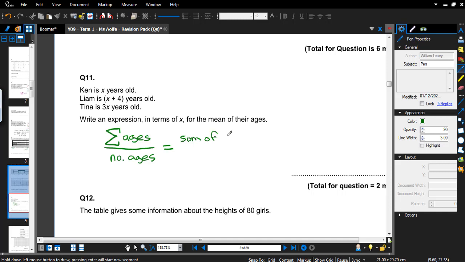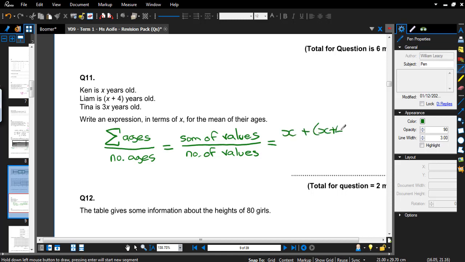The sum of the values, remember that? Not valves, as it looks like there, it is values. Divided by the number of values. Easy peasy. Sum of the values is what? It's x plus 4.